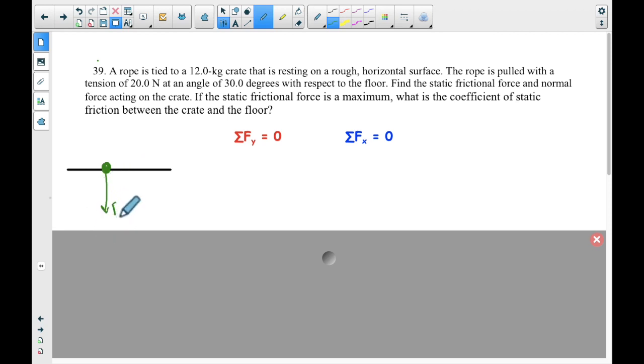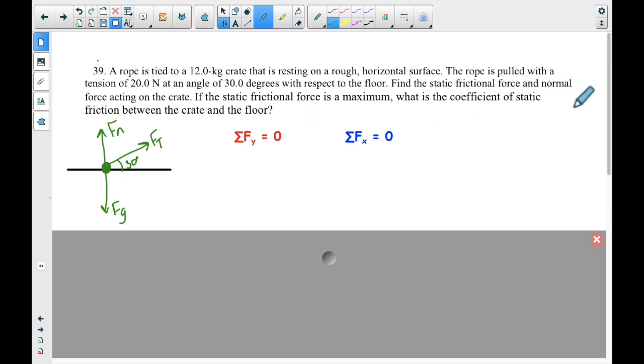Of course, we're going to have the force of gravity, and since it's on a surface, we will have a normal force. And then we have the rope that is pulled with a tension of 20 newtons at an angle of 30 degrees with respect to the floor. So I'm going to draw a 30-degree angle here and say this is my force of tension, and that tension is 20 newtons.